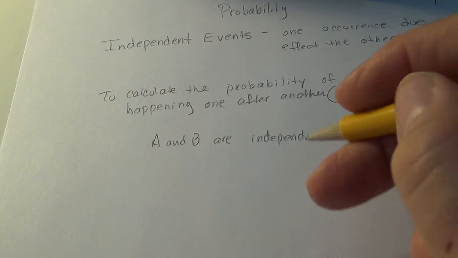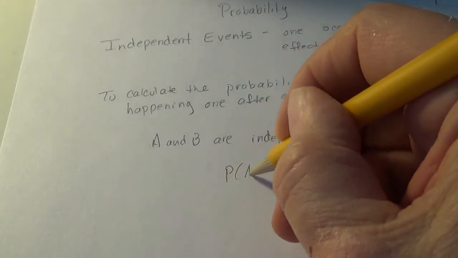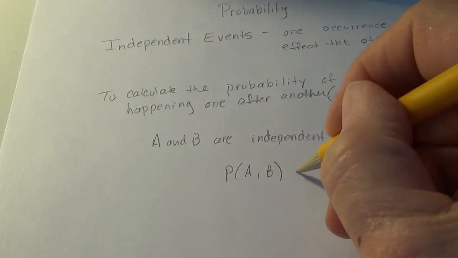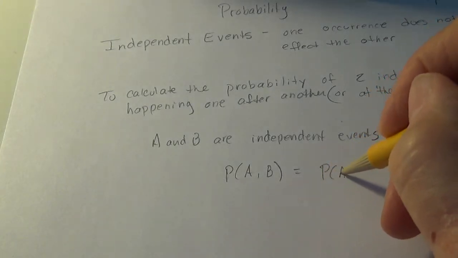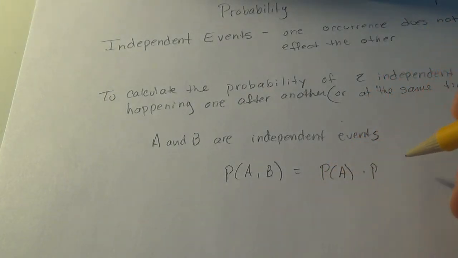What is the probability of A, comma B? It's always going to be the probability of the first event times the probability of the second.